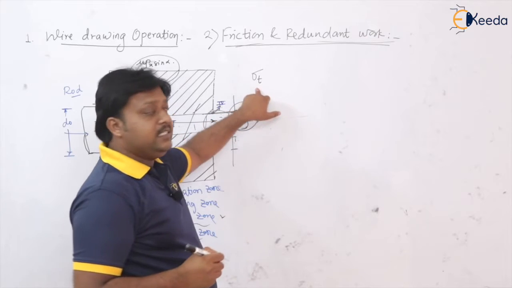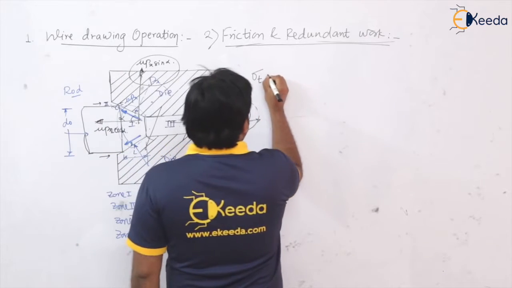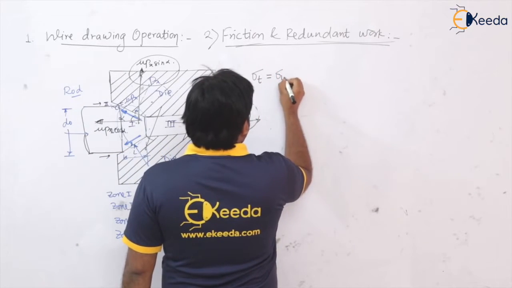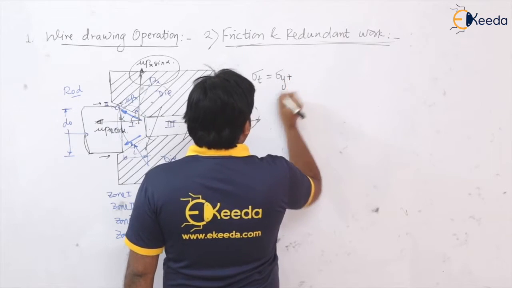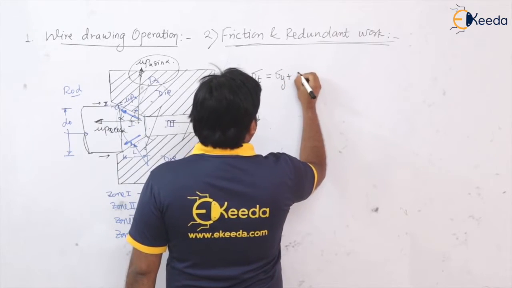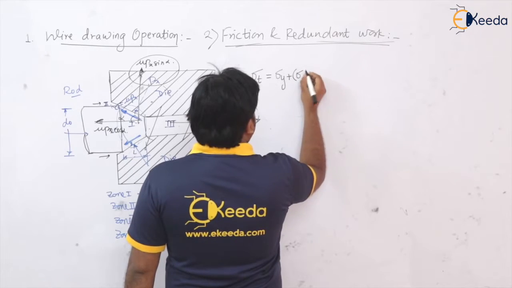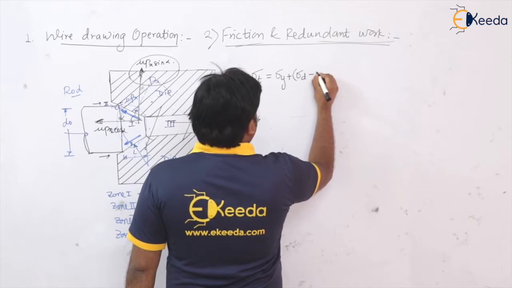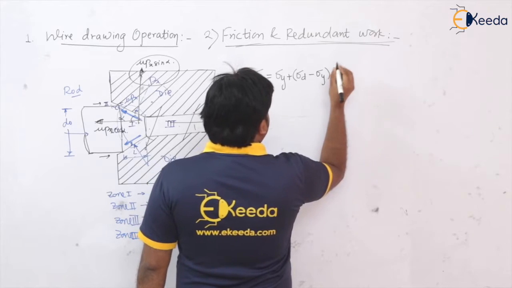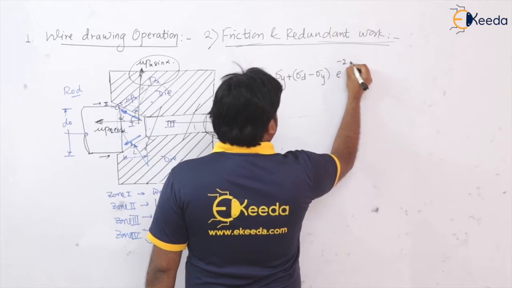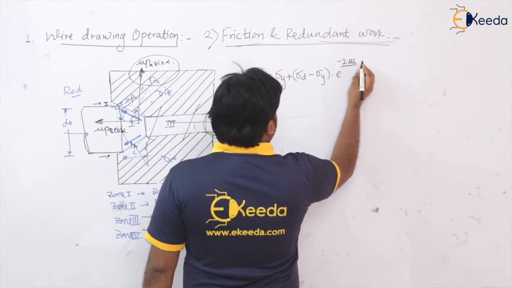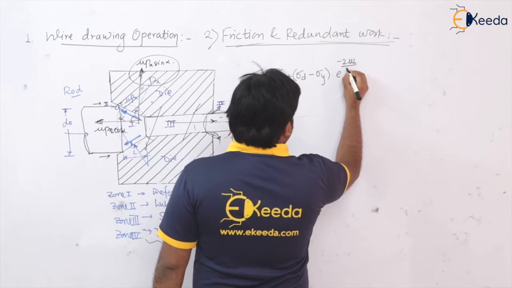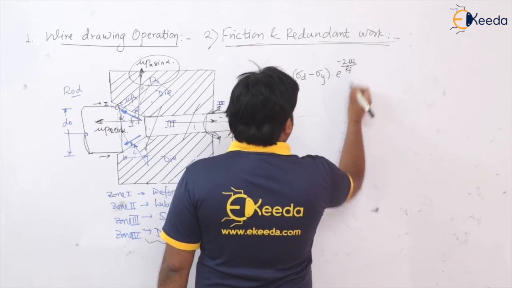Now I am getting sigma T is equal to sigma y plus, into bracket sigma d minus sigma y into e to the power minus 2 mu L divided by this R final.